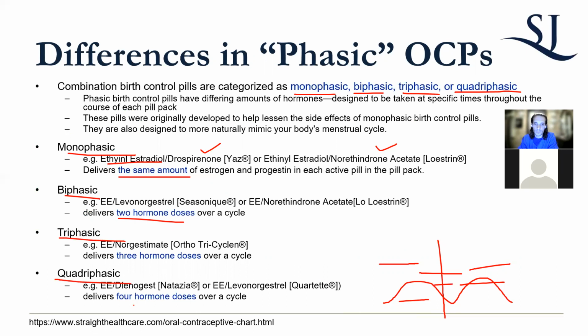And then triphasic and quadriphasic. But they're all the same in terms of their effectiveness and it doesn't really matter which one you pick. Even if you ask the family planning specialists, who know this physiology best, they say it doesn't matter.